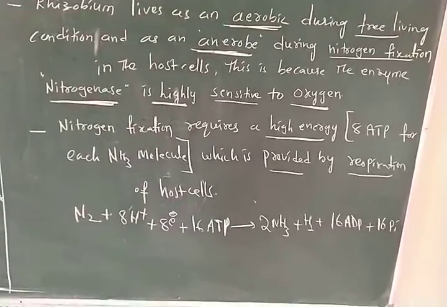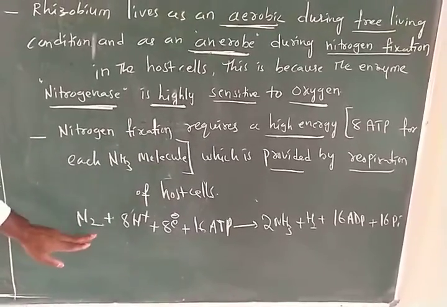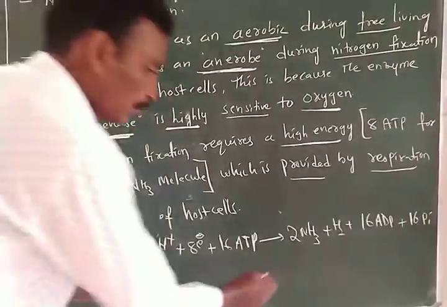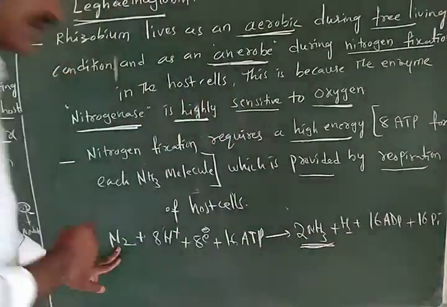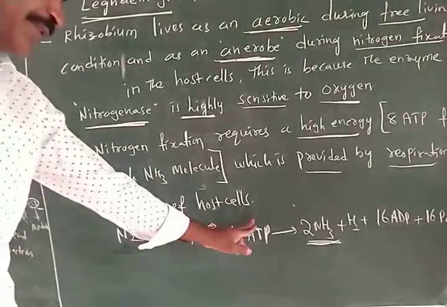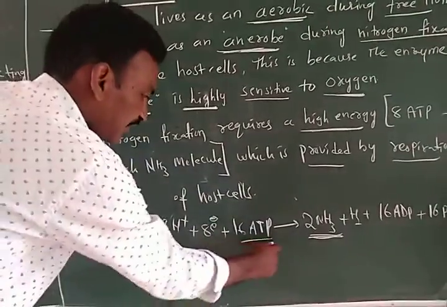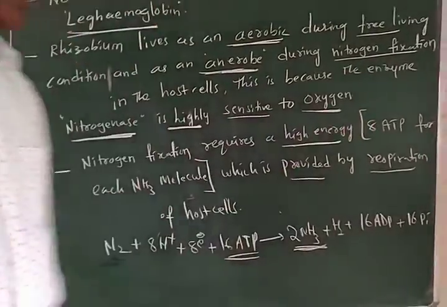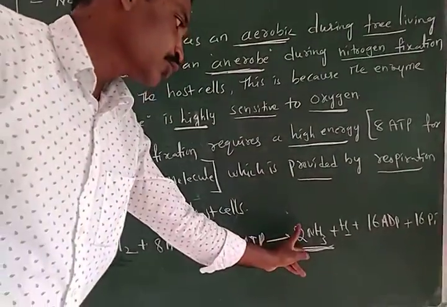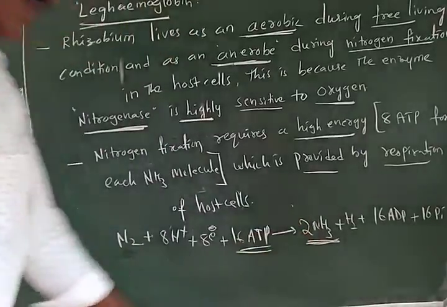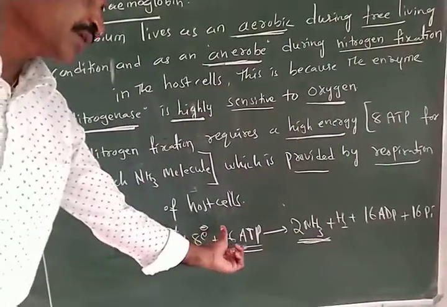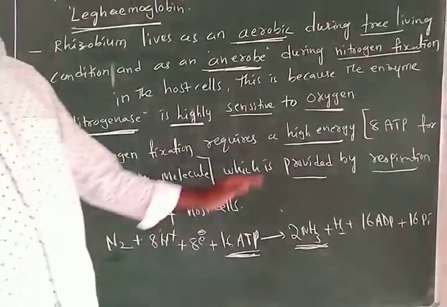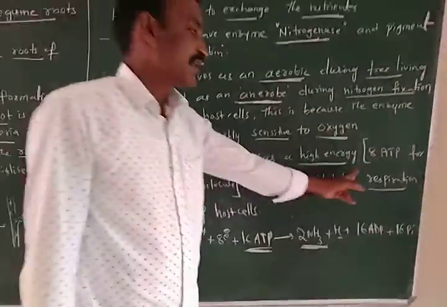So when 1 molecule of nitrogen is converted into 2 molecules of ammonia, how many ATPs are required? 16 ATPs are required. One ammonia equals 8 ATP, so 2 ammonia molecules are formed with the help of 16 ATPs. These ATPs are provided by the host cell during respiration.